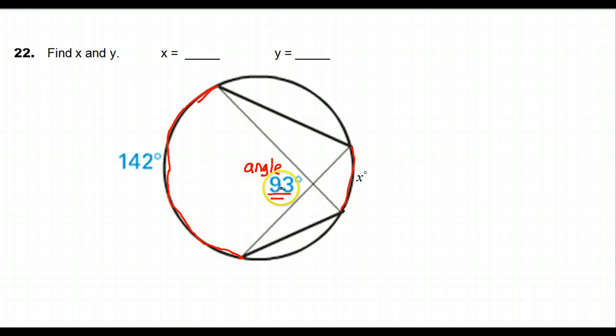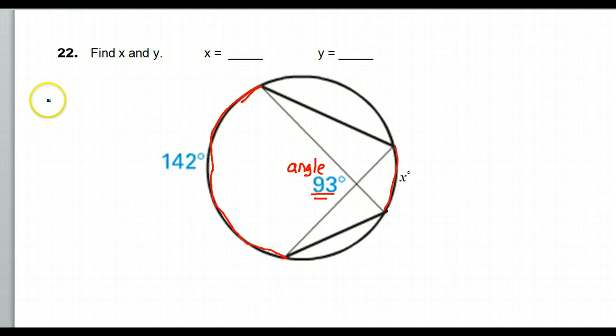All right, so the formula goes angle equals. We will not start off with x equals, as tempting as that is. We will start off with 93 equals. It's always angle equals. So angle equals arc plus arc divided by 2. The arc plus the arc is x plus 142, divided by 2.